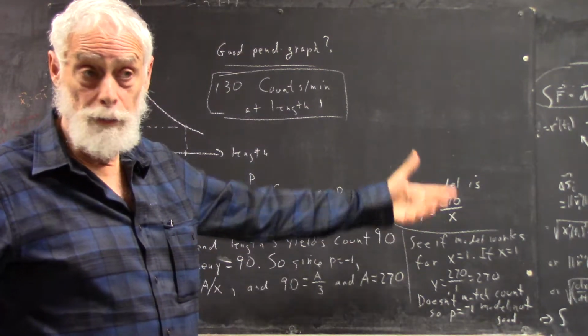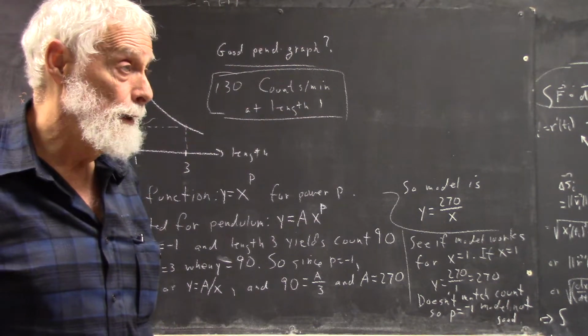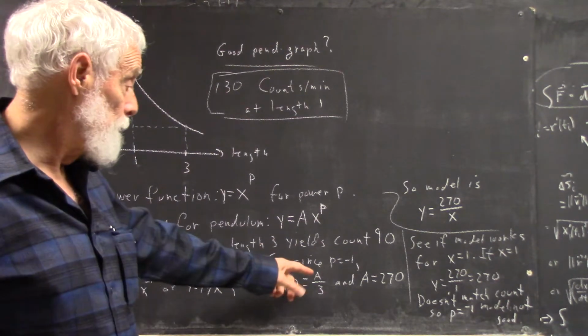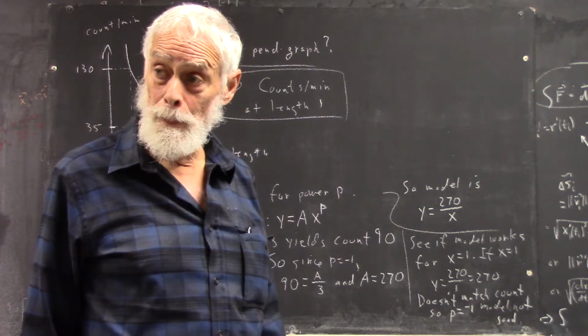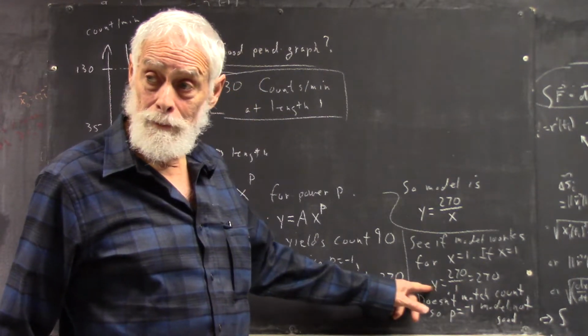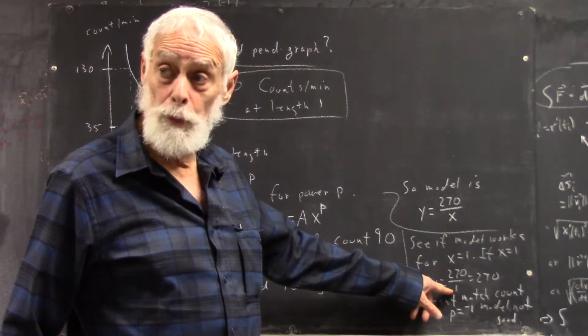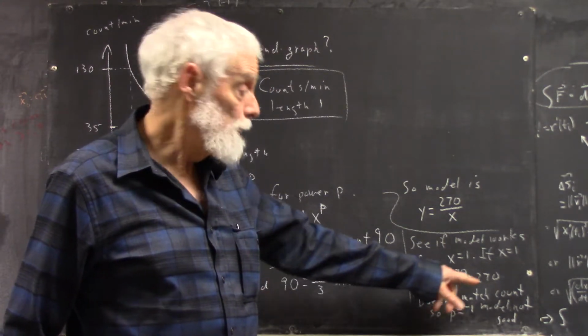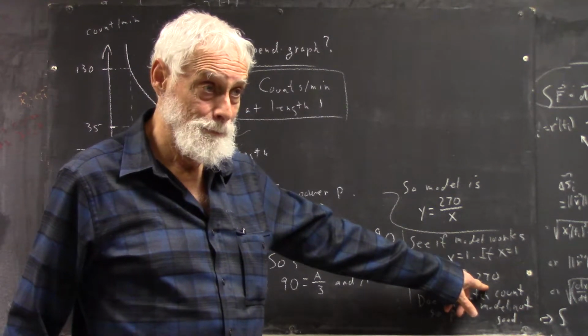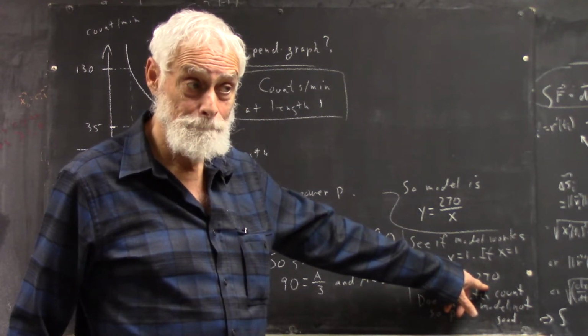So what I'm going to ask you to do for homework is take your own numbers and do what I just did. Plug in your count for length 3, find your value of a, and then compare that with what you get when your length is 1, and see if it comes close to matching. That makes sense?